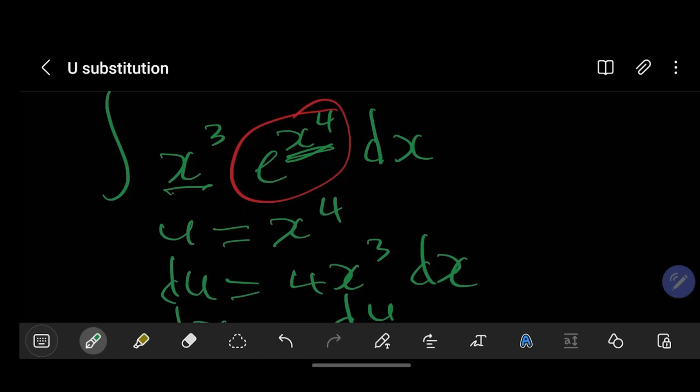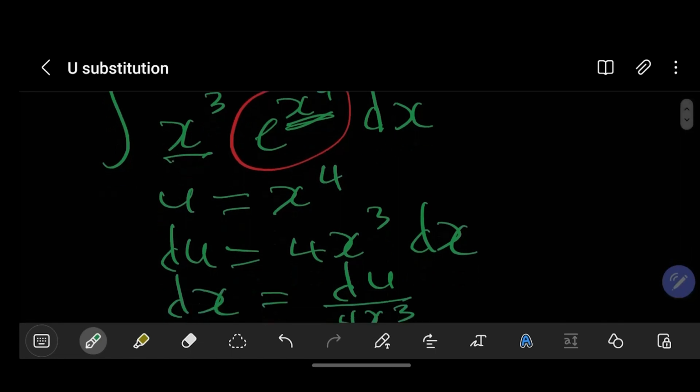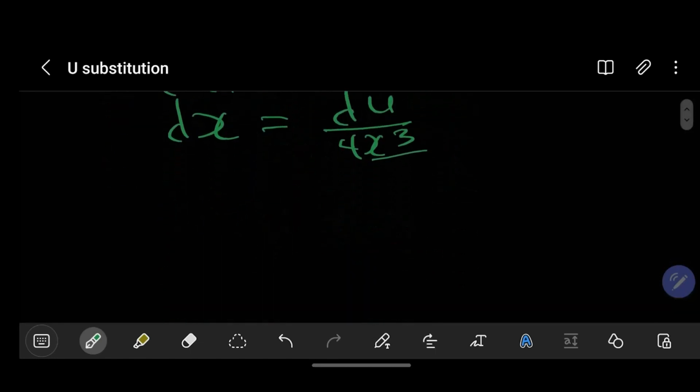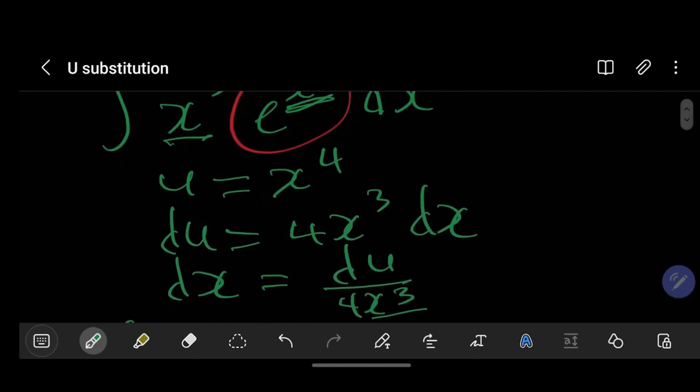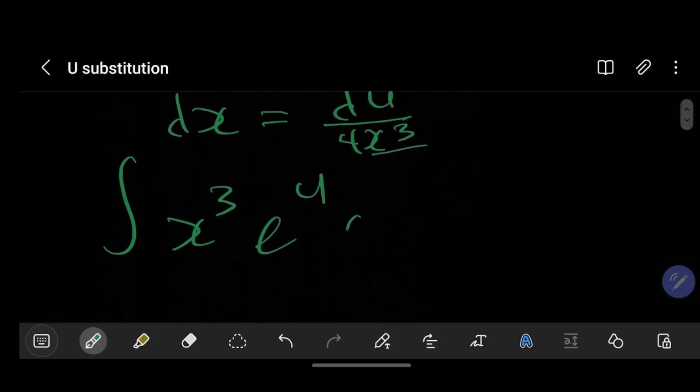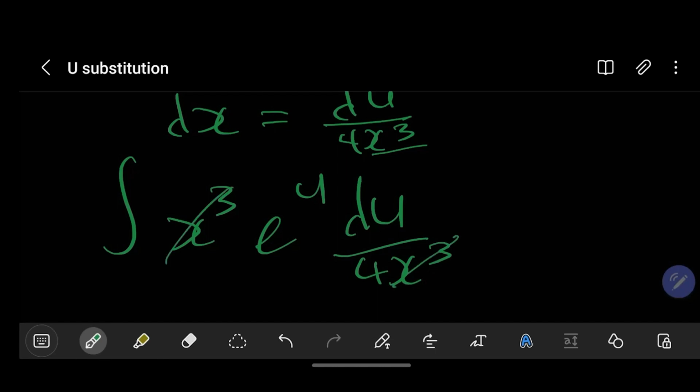So we would then have everything in terms of u. Let's substitute in terms of u and see what we get. We now have the integral of x cubed e to the u, since u is x to the 4, and we'll have du all over 4x cubed. And like I said, the x cubed here and the x cubed there can cancel out.